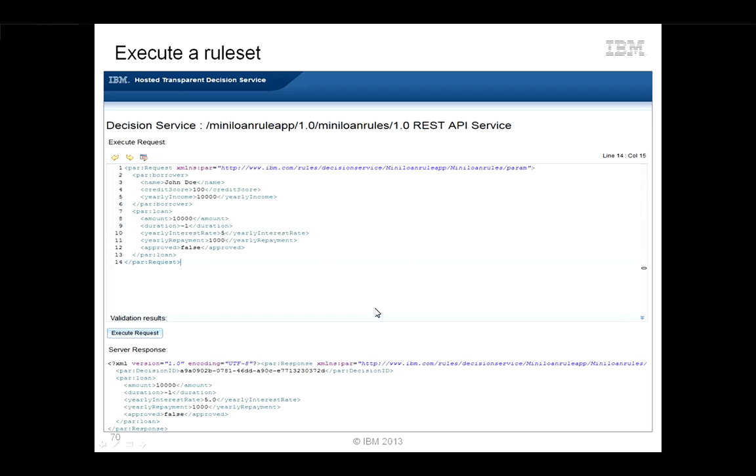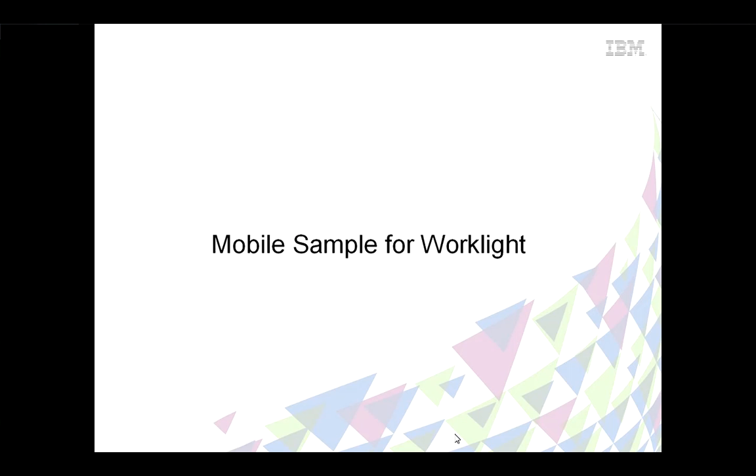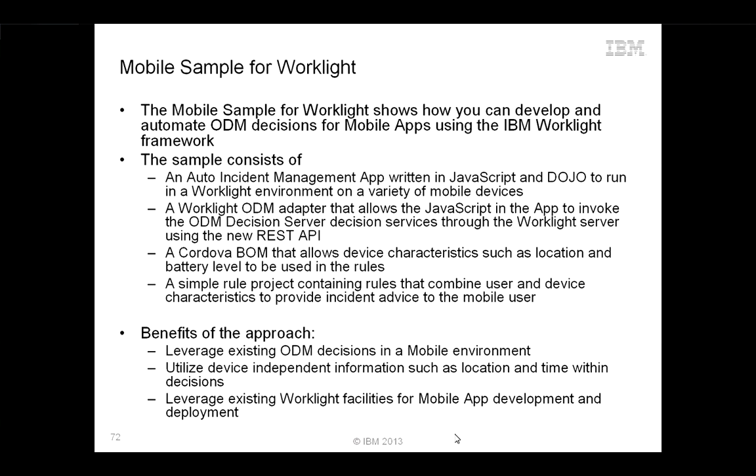So the REST execution API endpoints typically look like this: the host name where the server is, the port number, decision service, REST, rule set path. So if you want to do a POST on the REST API on your rule set, your URI might look something like this.